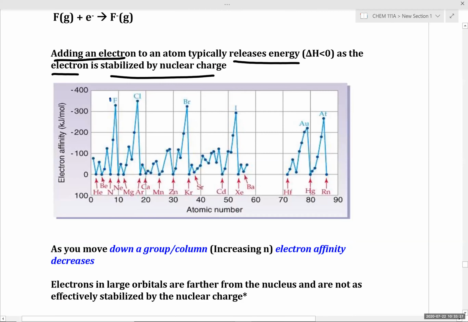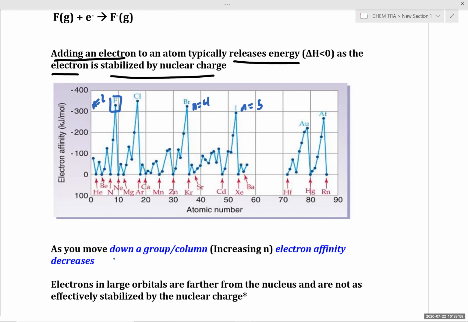So let's look at our main points. If we look at n equals 2, n equals 4, n equals 5, as you move down a column, as you move down the periodic table, what is happening to the value of our electron affinity?